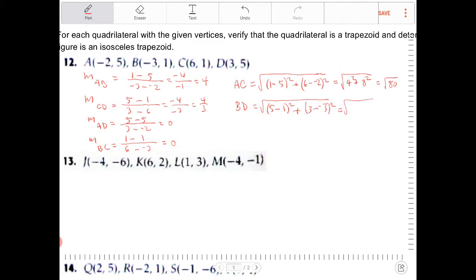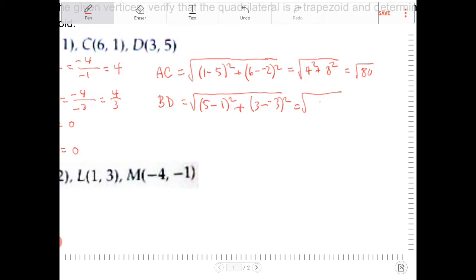So this becomes square root of 4 squared plus 6 squared, and it looks like it's not an isosceles trapezoid. This is just a regular old trapezoid. So this is going to be square root of 16 plus 36. That would be square root of 52.